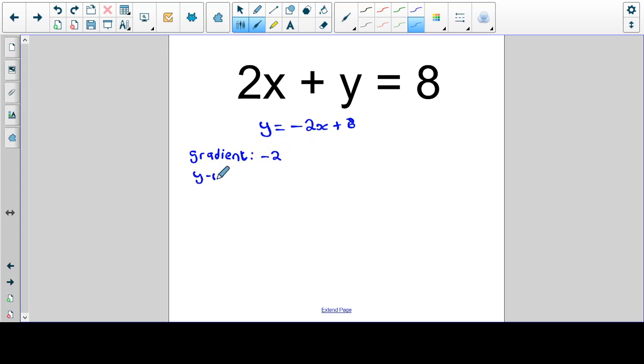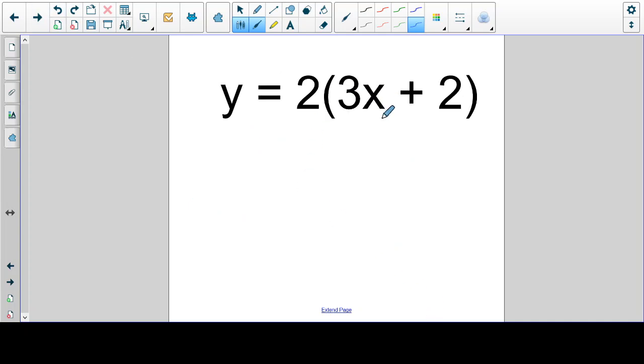We now see our y-intercept is at 8. And then for the x-intercept, we're solving when is y 0, so we can just put y equals 0 into the original equation. So we get 2x plus 0 equals 8. So x equals 4. So x-intercept 4, 0.